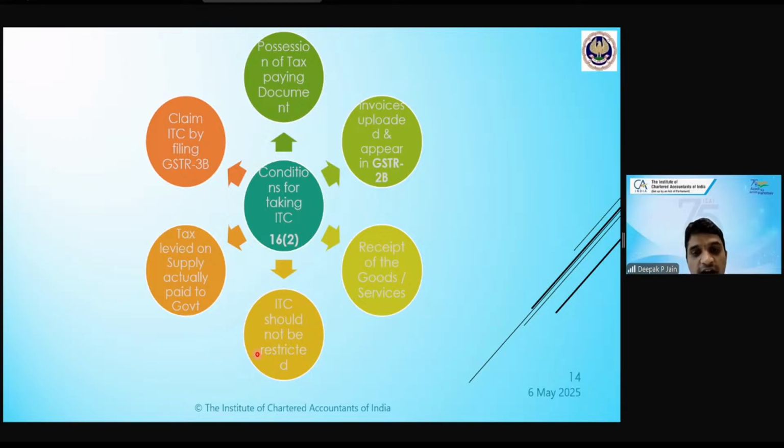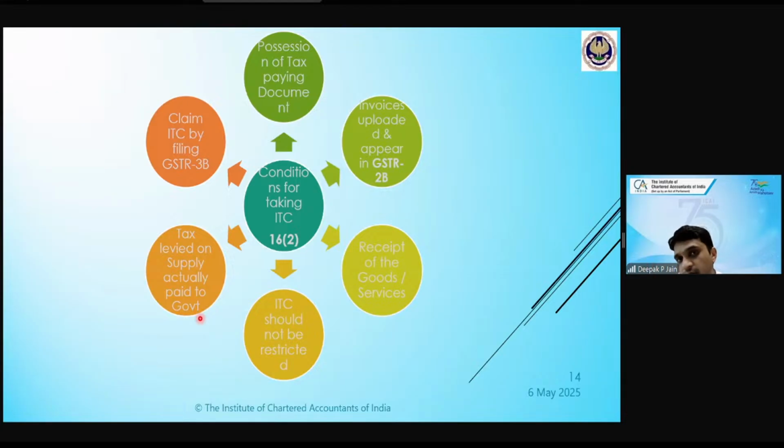Fourth condition, ITC should not be restricted. The input tax credit should not be restricted, which means, as we have discussed, that restriction is there under section 17. So it should not be those credits. If it is those credits, then you will not get the input tax credit. Fifth condition, tax levied on supply is actually paid to the government.